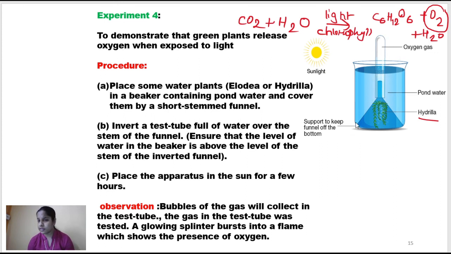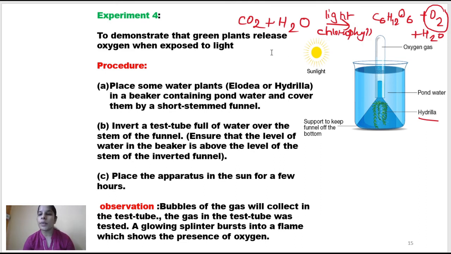The mouth of the funnel was covered with the test tube, and when this setup was kept in the sunlight, it was observed that as the hydrilla plant released oxygen, the presence of the oxygen was seen in the test tube as bubbles. So this indicates that oxygen is evolved during the process of photosynthesis.